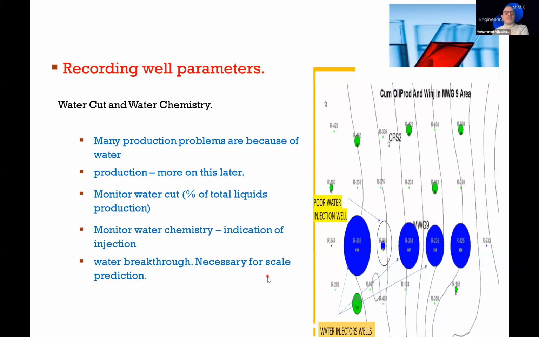Recording well parameters, for instance, water cut and water chemistry. Taking this illustration as an example, we have certain injection wells, and those injection wells are injecting very well. So what happened to this poor water injector well?